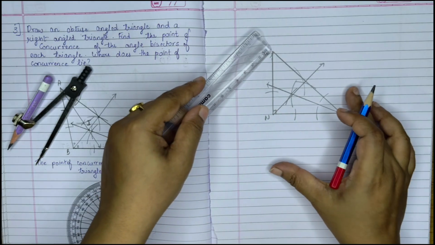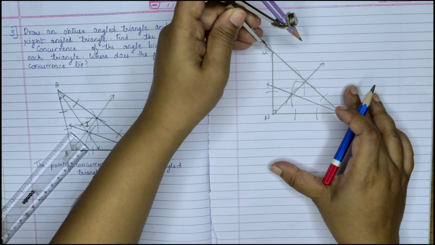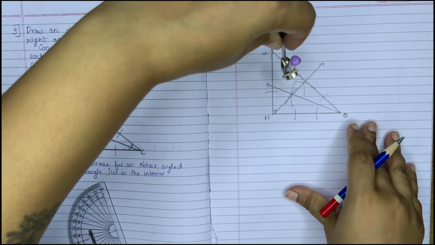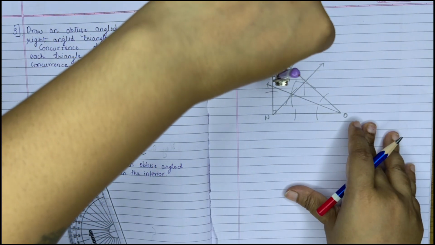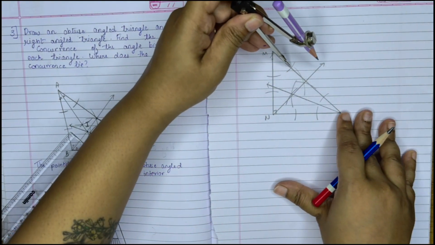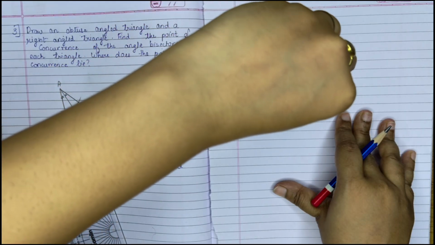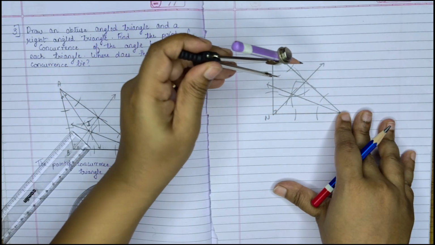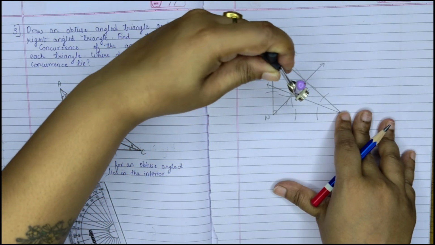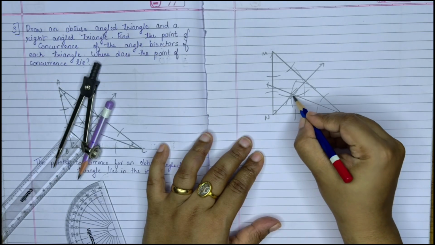Now the third one we will take from here, from M. So another bisector we will draw. So both the lines are intersecting here.